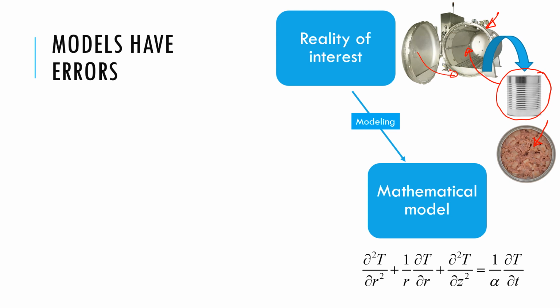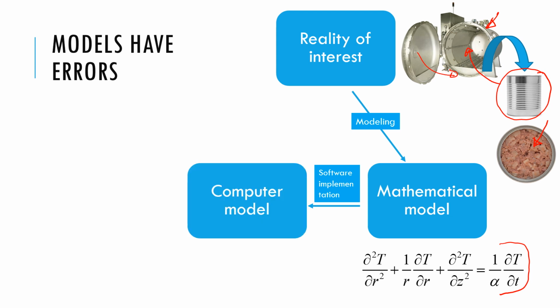Now, once we have the equations of the mathematical model, like this one, quite often we cannot solve them exactly. So what we have to do is build a computer model and solve these equations numerically. And in this numerical solution, again, we cannot solve these equations exactly.